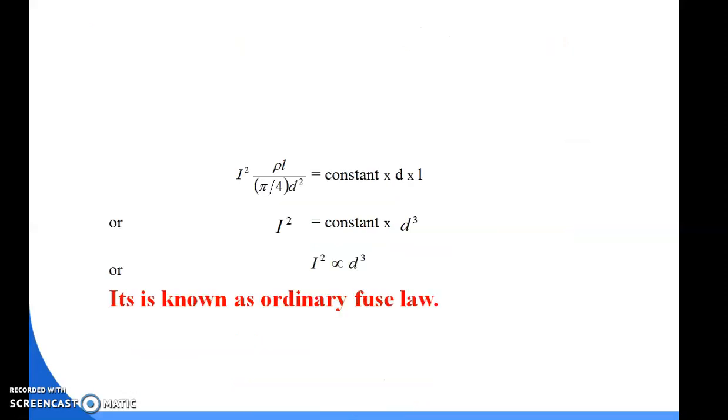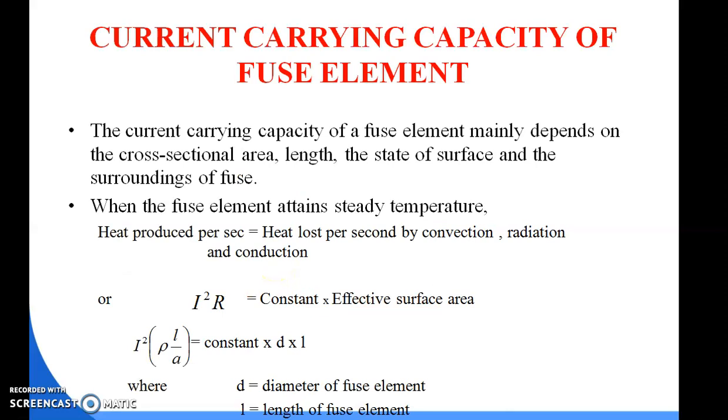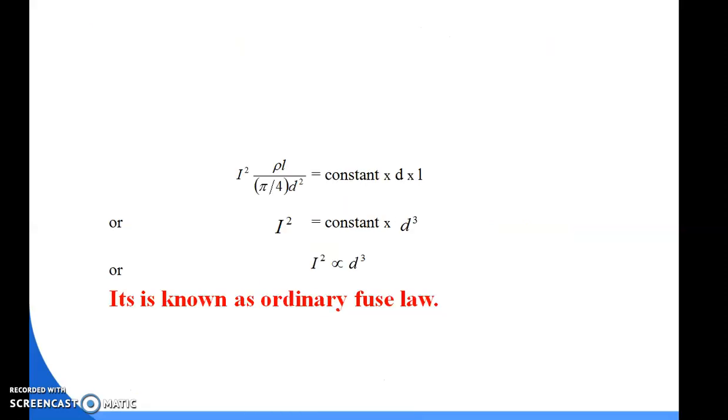Now we get I square rho L by A. In the place of area A, we put pi by 4 D square, because we know that the area is pi by 4 D square.